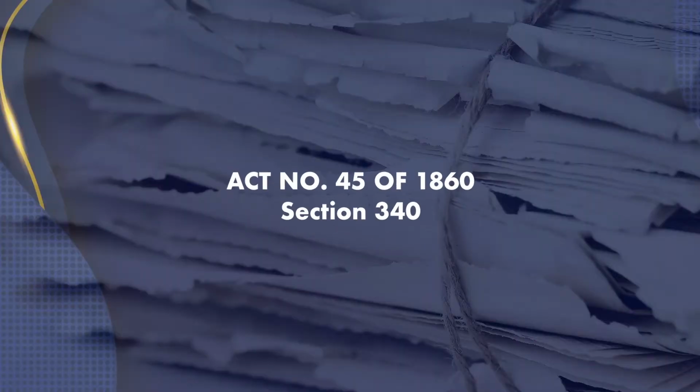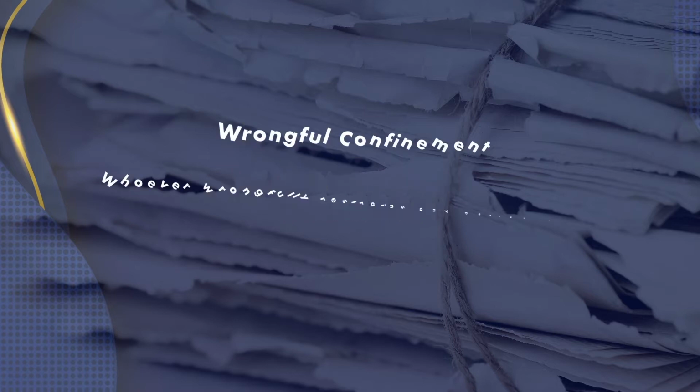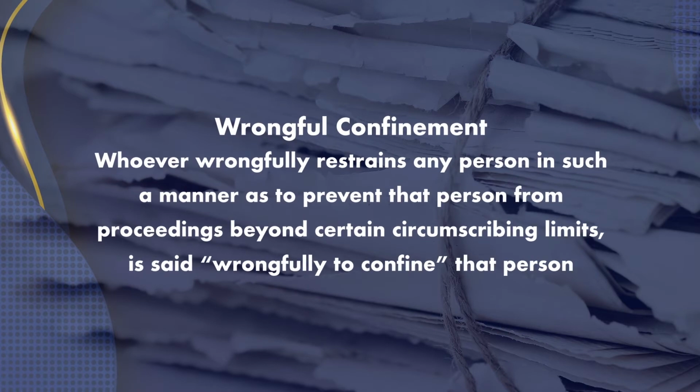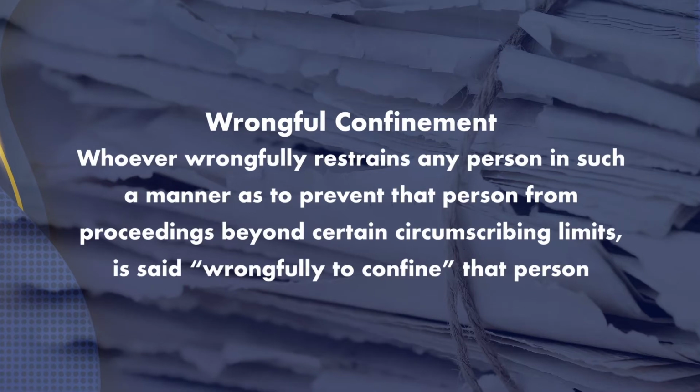Act number 45 of 1860, if we see section 340, talks about wrongful confinement. Whoever wrongfully restrains any person in such a manner as to prevent that person from proceeding beyond certain circumscribing limits is said to confine that person wrongfully.